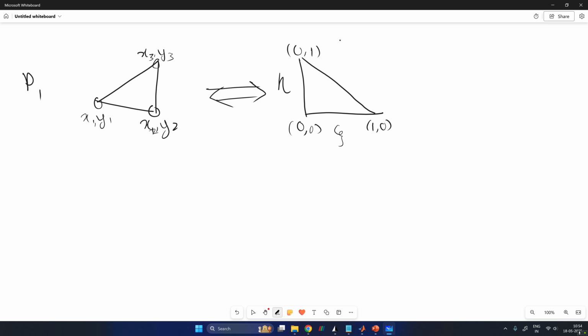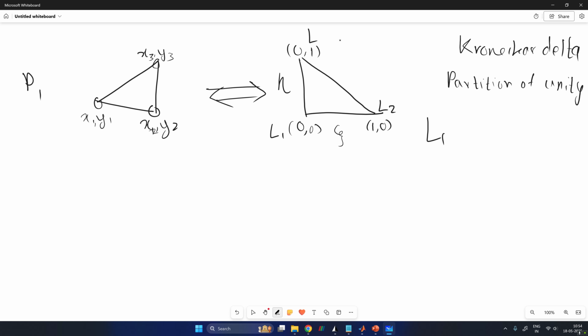Again we are just looking at two properties: the Kronecker delta property, which means that each polynomial is 1 at one of the nodes and 0 at the other nodes, and the partition of unity property, which says that the summation of the polynomials will always yield 1 anywhere inside the element. The procedure is really simple, similar to our 1D case. Let us define three polynomials here: L1, L2 and L3.